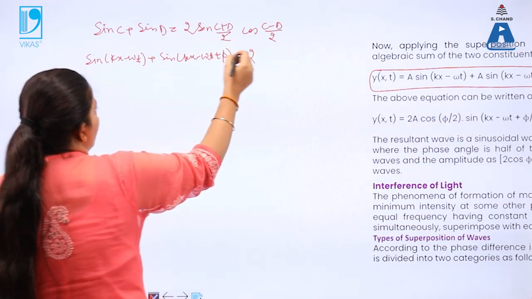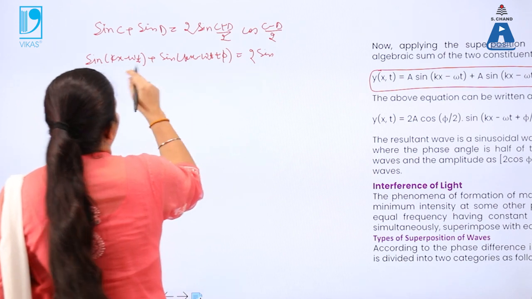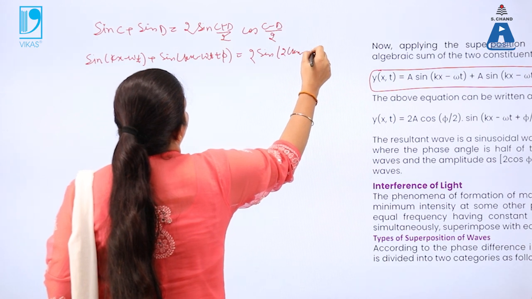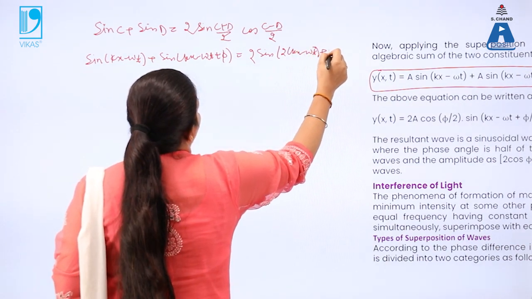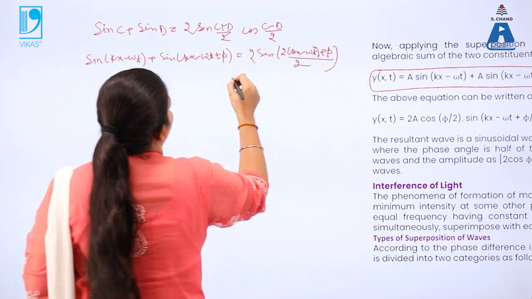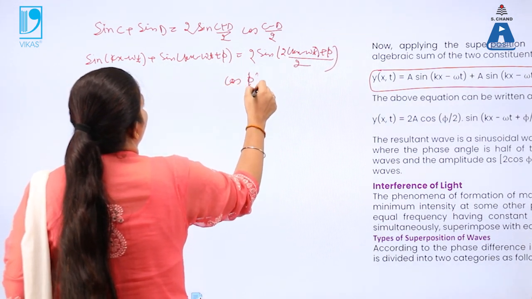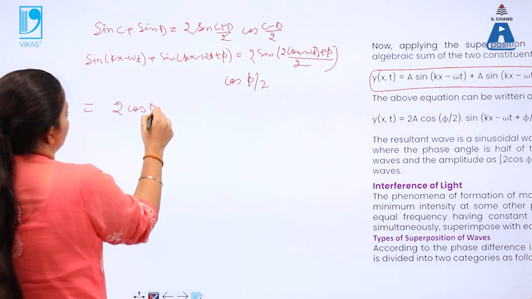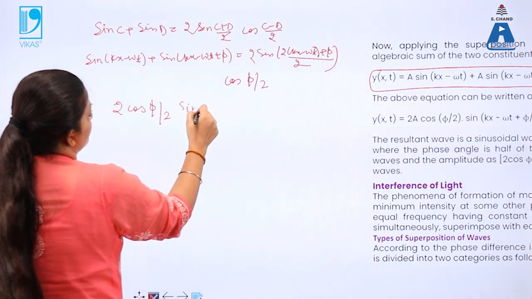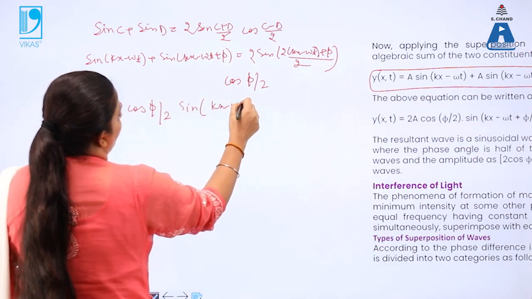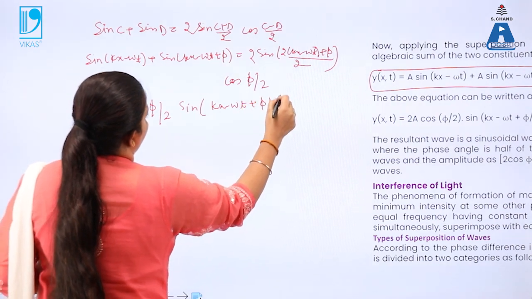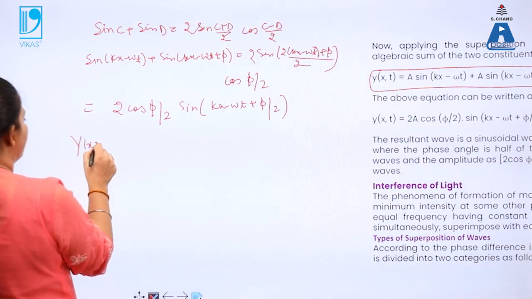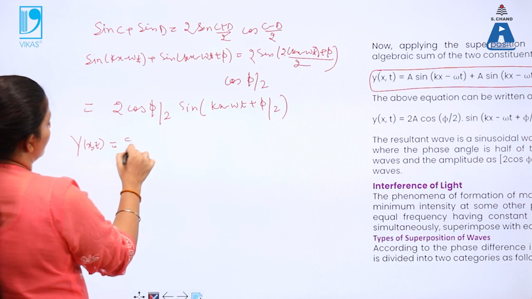On adding these two, we will get 2 sine. So the resultant of these two waves, y(x,t), can be written as 2A.